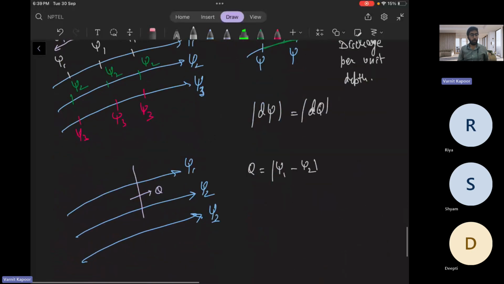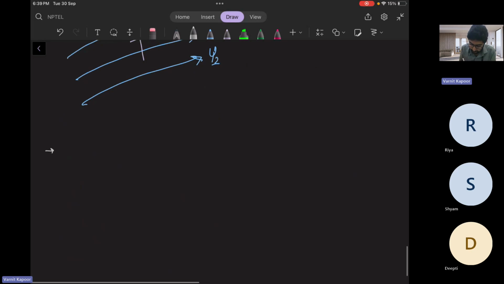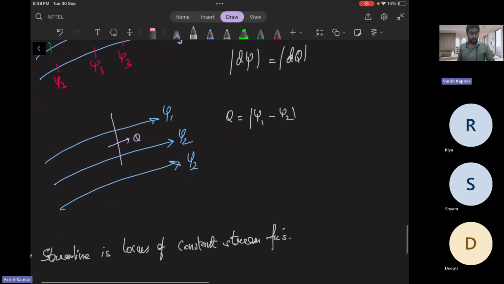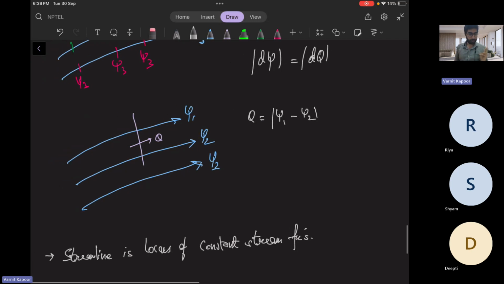A streamline is nothing but a locus of constant stream functions. And the discharge is psi 1 minus psi 2. We can also prove this.